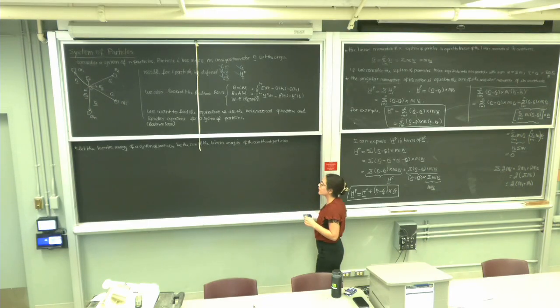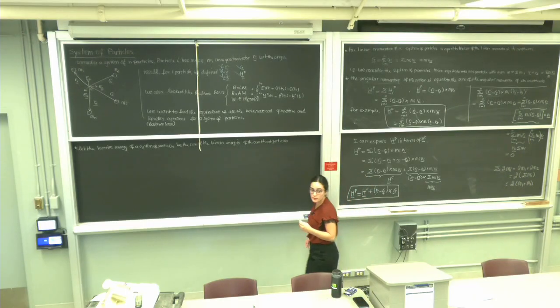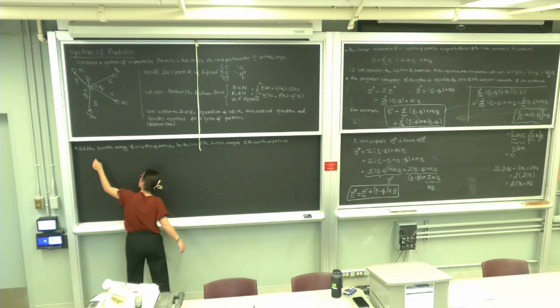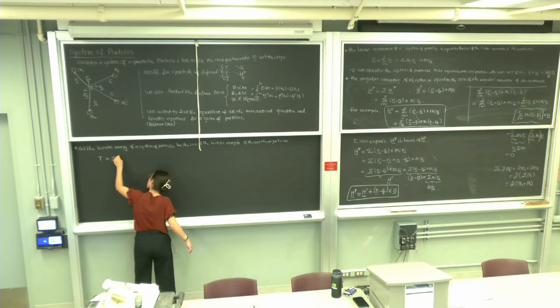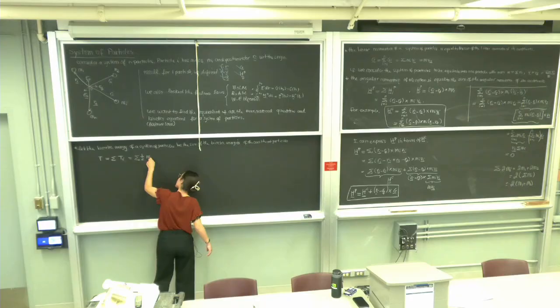Not the kinetic energy of the system of particles, but the sum of the kinetic energy of the constituent particles. So then T would be the sum of Ti, scalar, which is the sum of half mi vi dot vi.